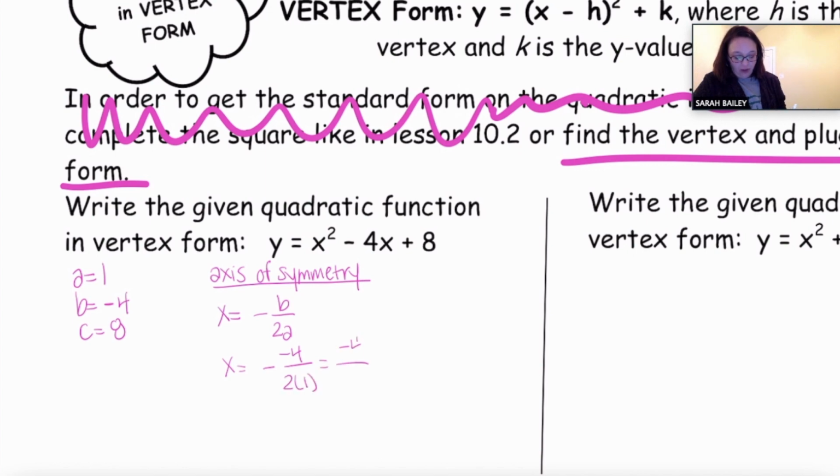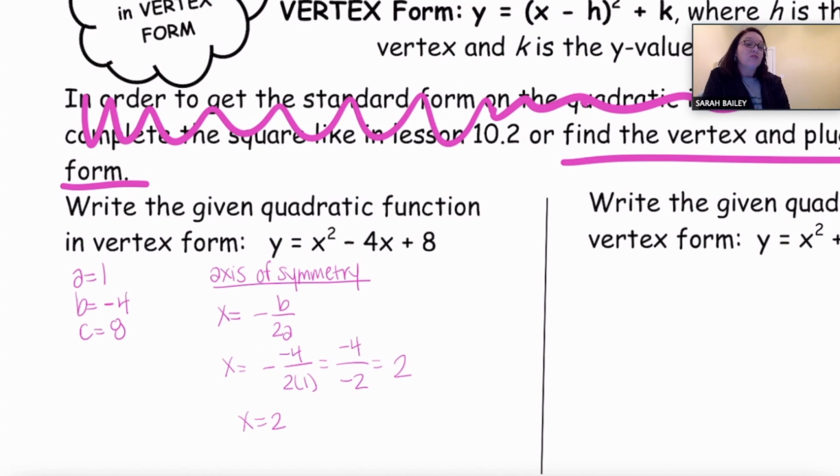So I'm going to keep the negative 4 here, and 2 times 1 is 2. This negative sign, I'm just going to put it in the denominator. That negative sign can go with the numerator or the denominator, just not both. Okay, so negative 4 divided by negative 2 is positive 2. So my axis of symmetry would be the line x equals 2, that vertical line.